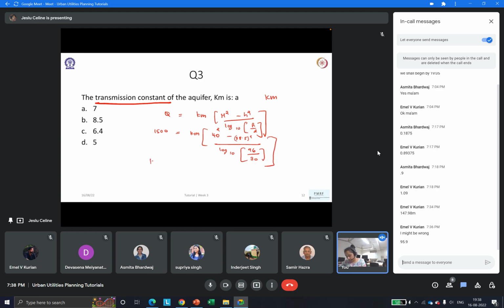So this is now Km is equal to... Right. So it's around 0.64, which is option C.